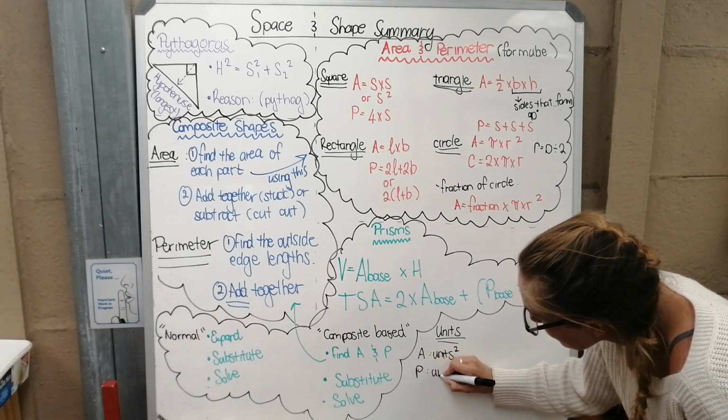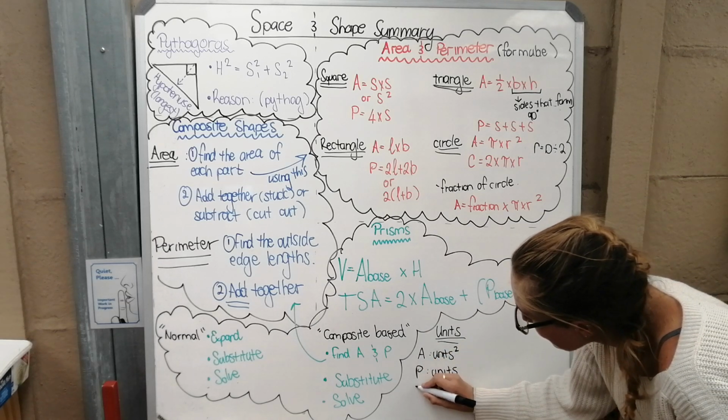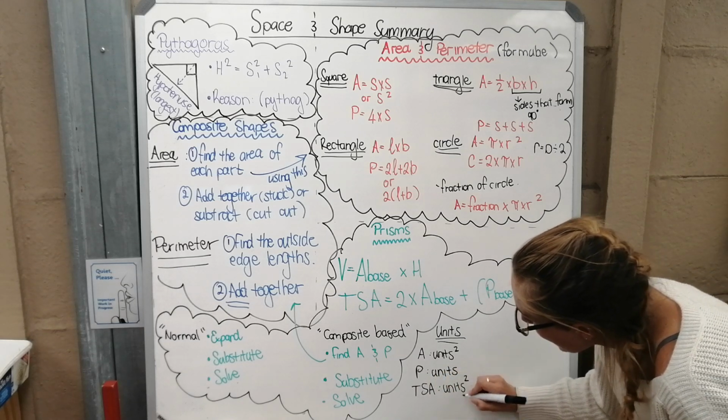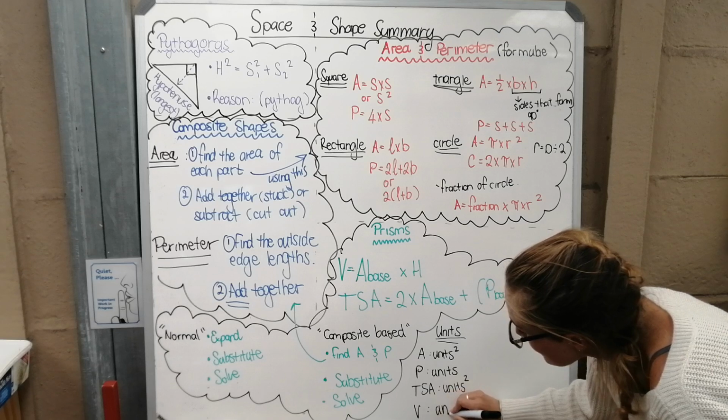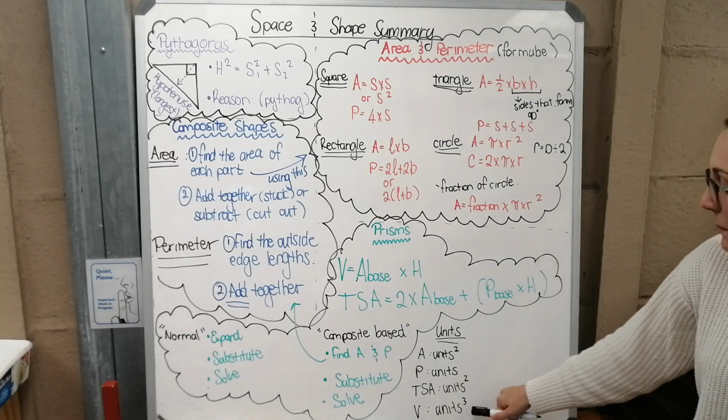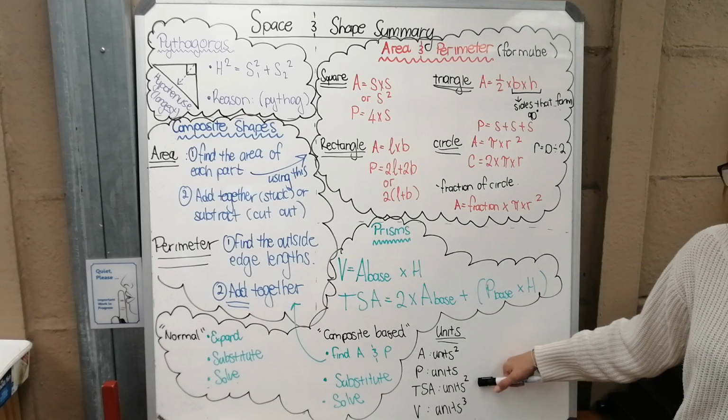Perimeter is always just plain units. Total surface area is in units squared again, and volume is always in units cubed. So if you're given your dimensions in meters, then this would be meters cubed, this would be meters squared, etc.